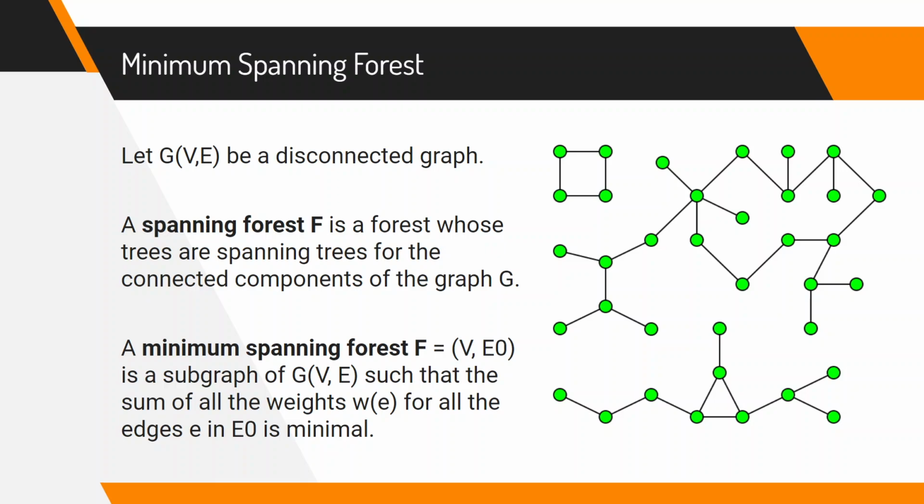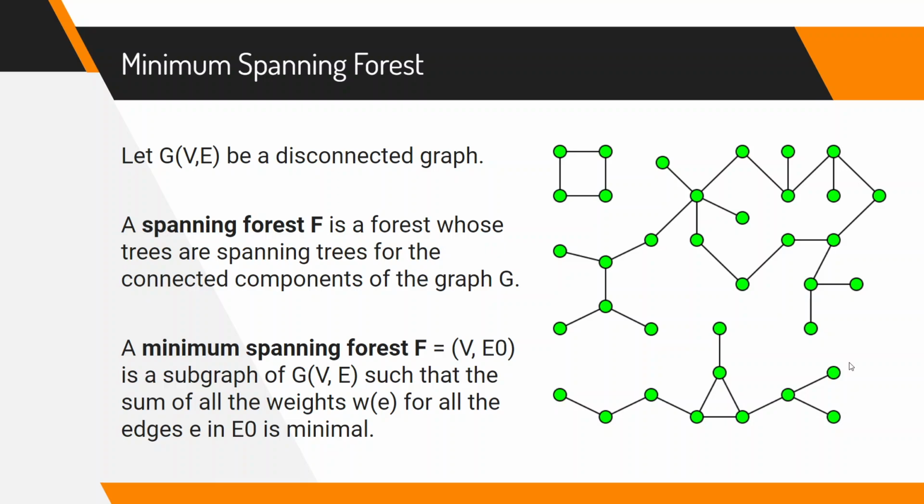Consider the diagram here. We can see that the diagram on the right hand side contains many different disconnected components, right? Now let's see, this is the first component up here, this is the second component, and this is the third component.